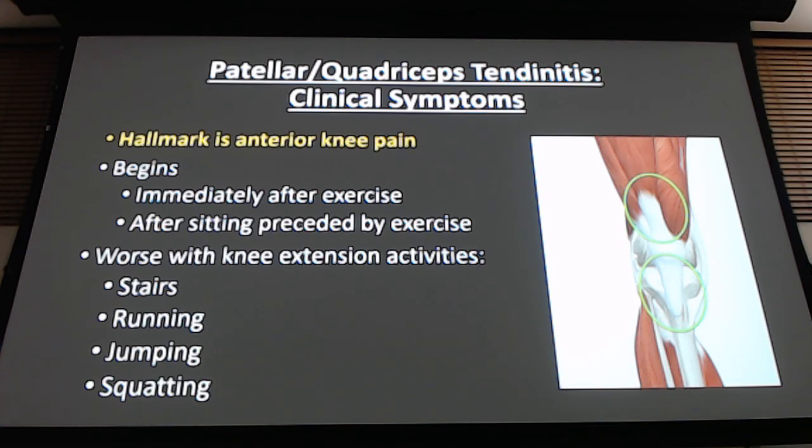And after what? Sitting, preceded by exercise. So if you do a lot of dynamic maneuvers, or erratic activities, and then you sit down right away, they may describe a sharp, throbbing, achy anterior knee pain. Things that make it worse, that makes sense. We talked about that. Red circles again highlight the tendons that we're talking about.